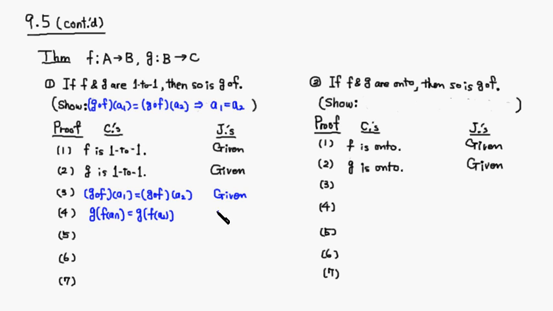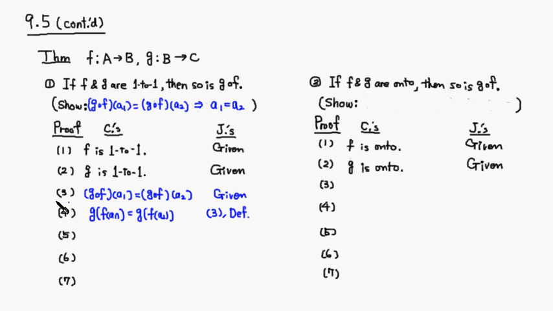I'm using line number 3, and of course the definition of the composition of functions. Then since g itself is 1 to 1, whenever g of f of a1 is equal to g of f of a2, the inside f of a1 must be the same as f of a2.